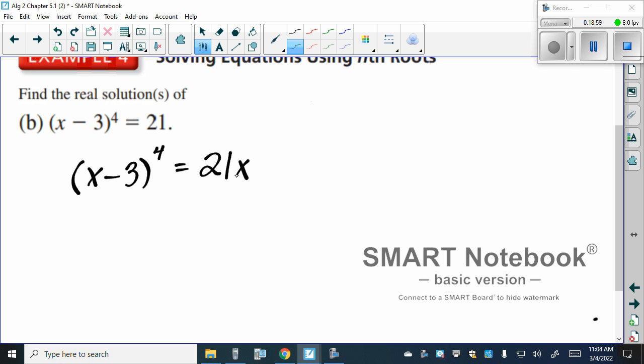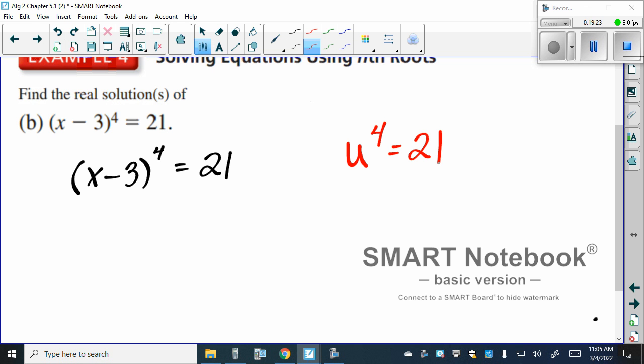Then we've got to get the like terms together and solve that way. But here, all the variables are stuck inside that parentheses. And really what we're looking at is saying that term to the fourth is equal to 21.